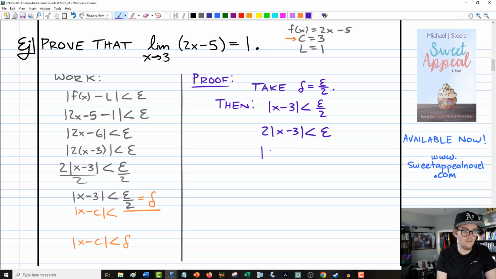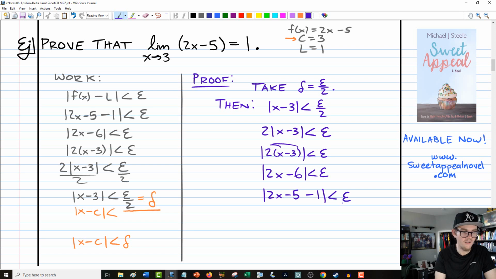We can distribute it in, get the absolute value of 2x minus 6 is less than epsilon. And then finally, we can just separate this out in a very strategic way. 2x minus 5 minus 1 has an absolute value of less than epsilon. Well, good news, everybody. That's f of x. That's L. So we've just shown that the absolute value of f of x minus L is less than epsilon is the direct result of us choosing delta to be epsilon over 2.